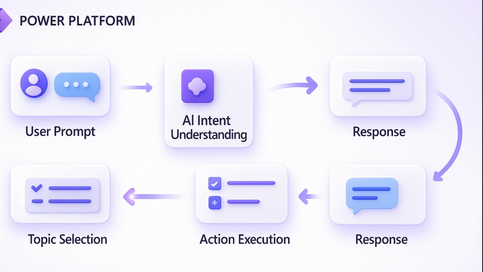Now the fourth one is, if needed, the agent executes an action such as an API call or retrieval of data from Dataverse or any other knowledge base, or it can trigger an automation. The fifth one is the agent gives you the final response, and the sixth one is the agent logs analytics for improvement. So this pipeline makes the agent fast, intelligent, and reliable.